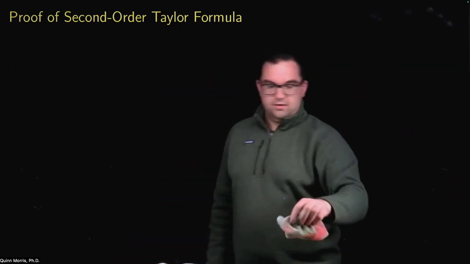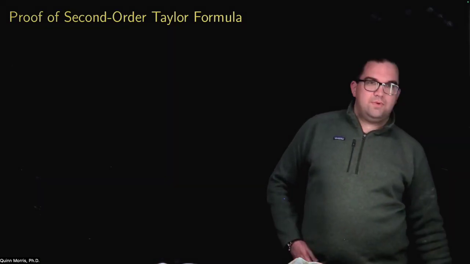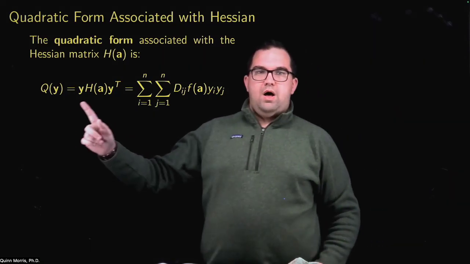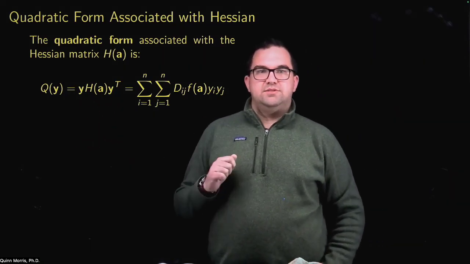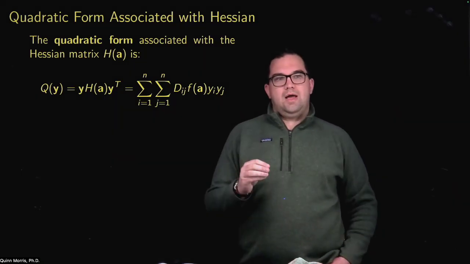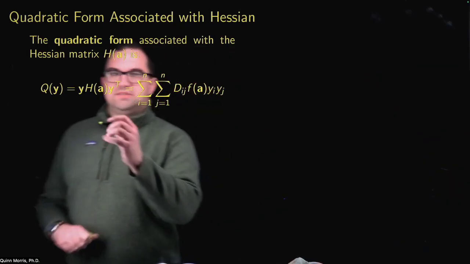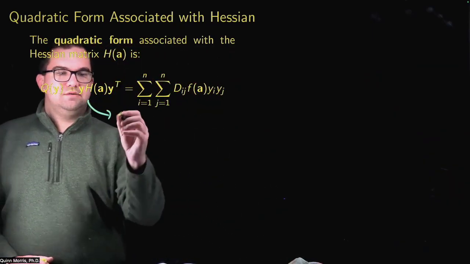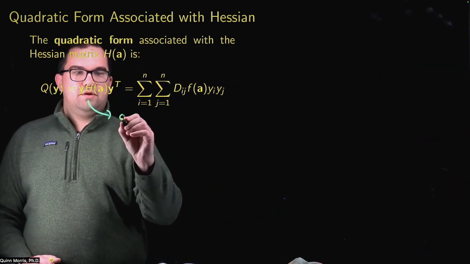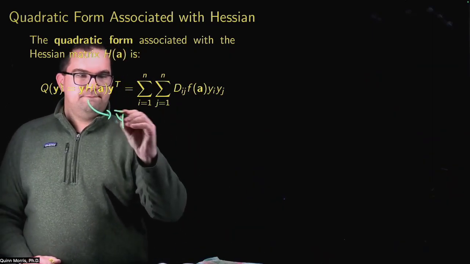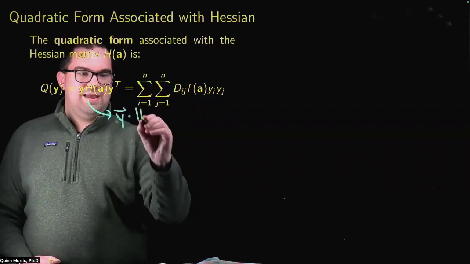But I want to start by looking ahead a little bit. That term that we saw, this y h of a y transpose, is actually a special type of form that pops up. You can also express this, for example, as the inner product of y with h of y.